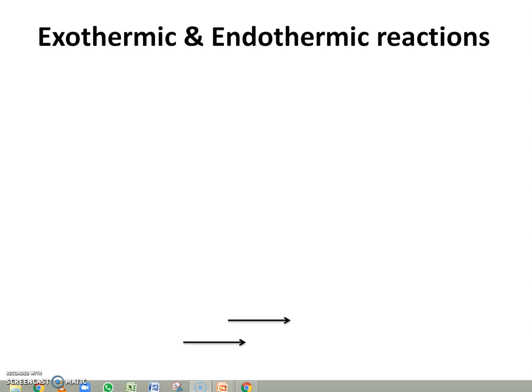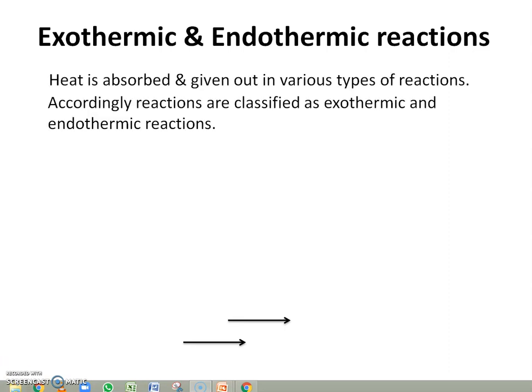Dear students, today in this video we are going to learn about exothermic reactions and endothermic reactions. Whenever chemical reactions are taking place, the reactions are associated with heat absorbed or heat given out.